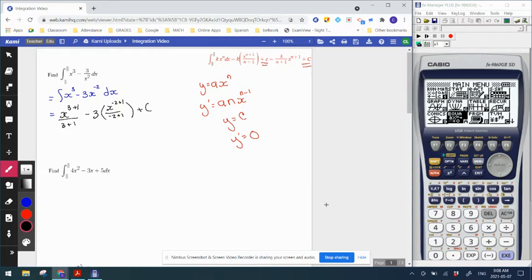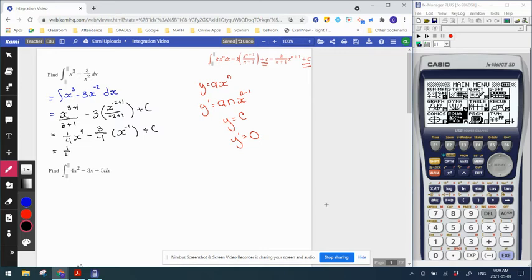So we can simplify this by grouping our numbers out front and seeing if anything simplifies. So this is going to be 1/4 x to the power of 4, nothing to simplify there, minus, and this is going to be 3 over negative 1, because negative 2 plus 1 is negative 1, x to the negative 1 plus c.